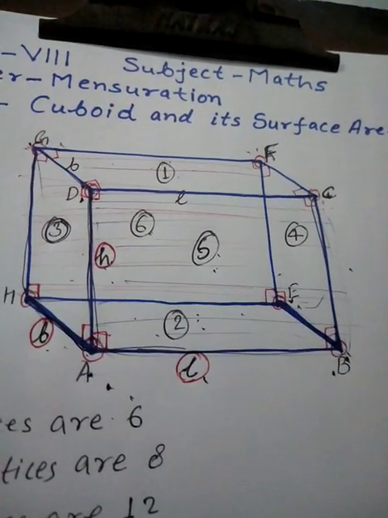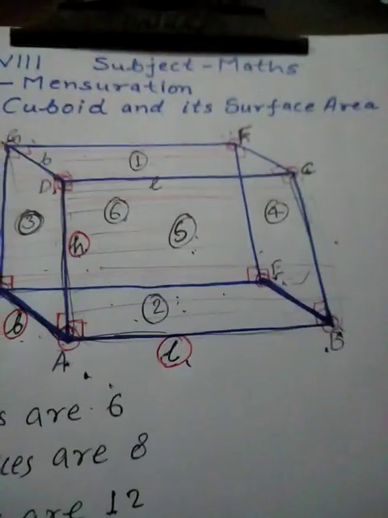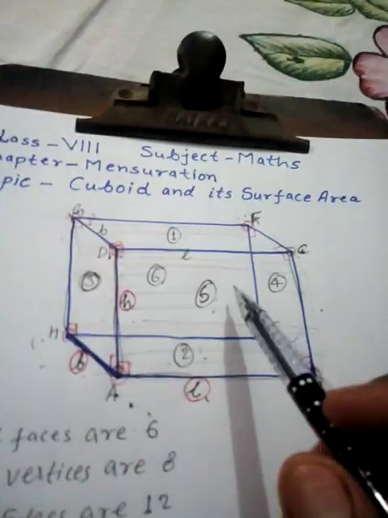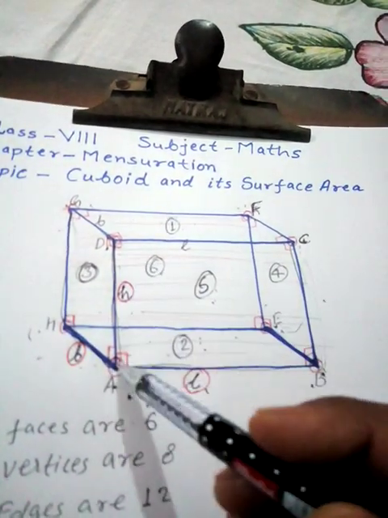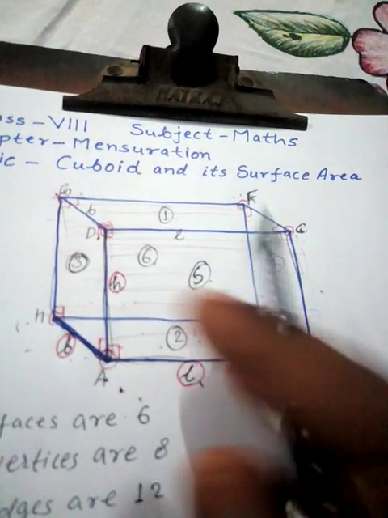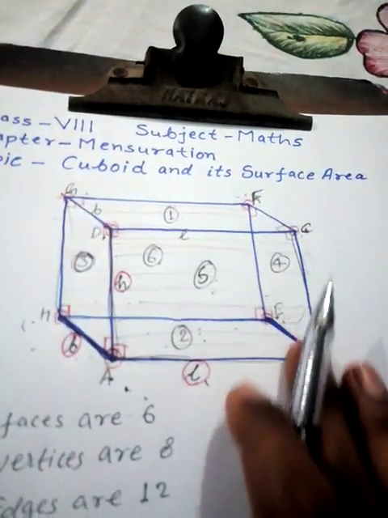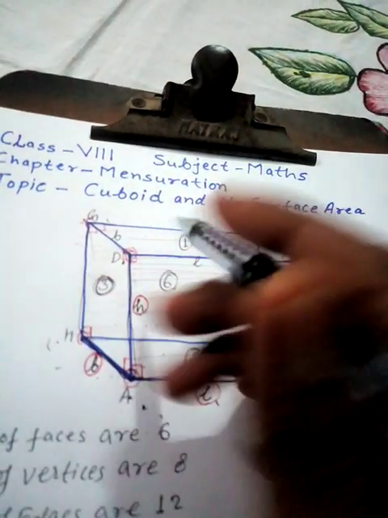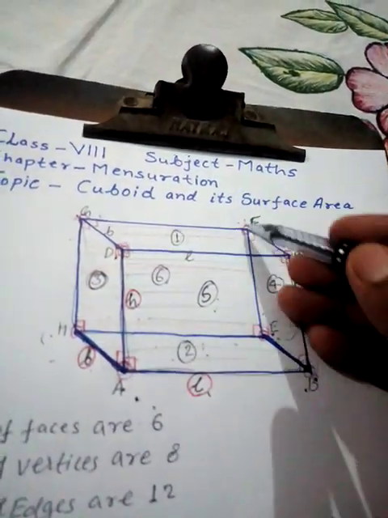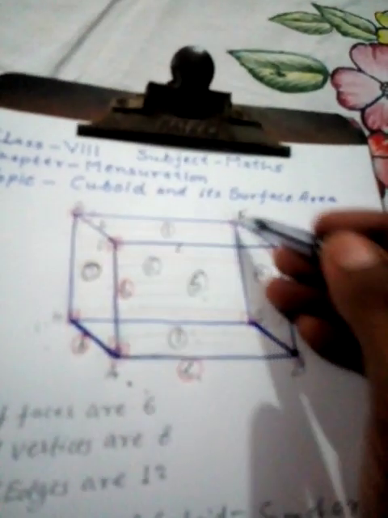Area of four walls means we just talk about these four walls: the front, the back, the left and the right. These are the four walls of a room.